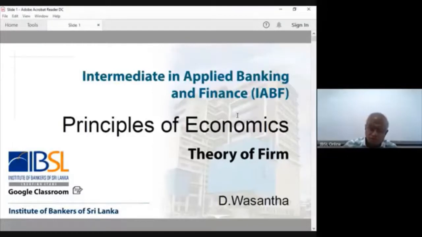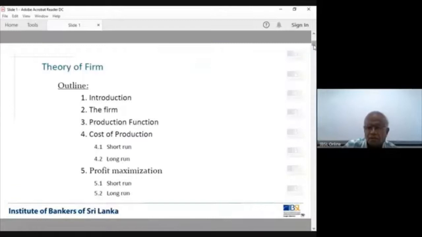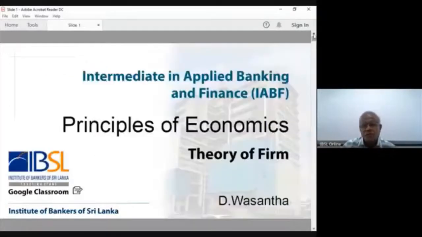Today we have only the PowerPoint presentation. Firms represent the supply side of the market. Consumers represent the demand side. In this theory, like in the theory of consumer behavior, we are going to develop, explain, and describe how a firm in a market economy, a free enterprise economic system, takes decisions.